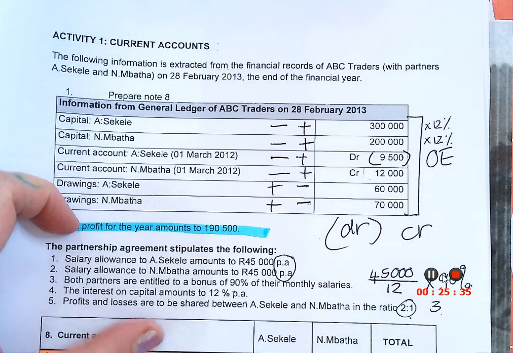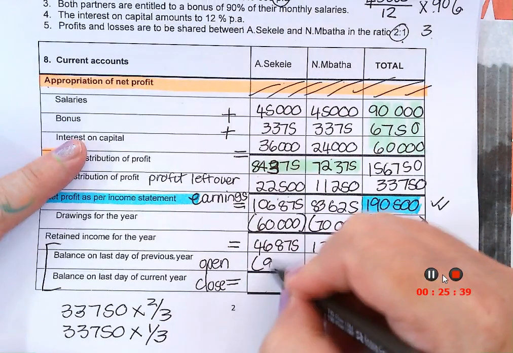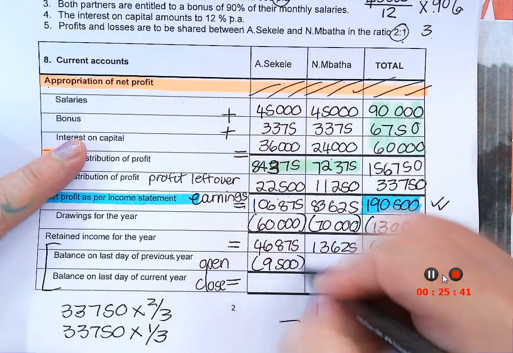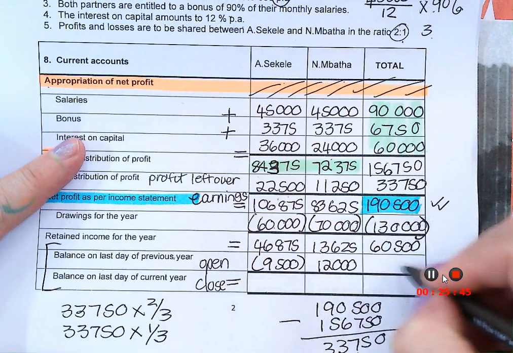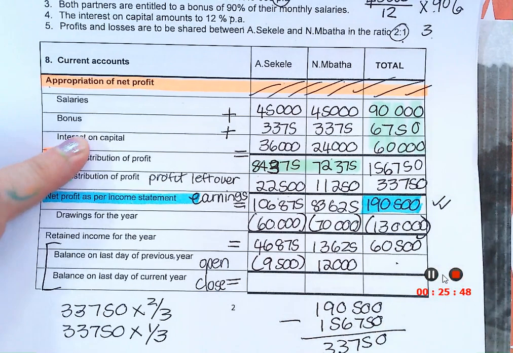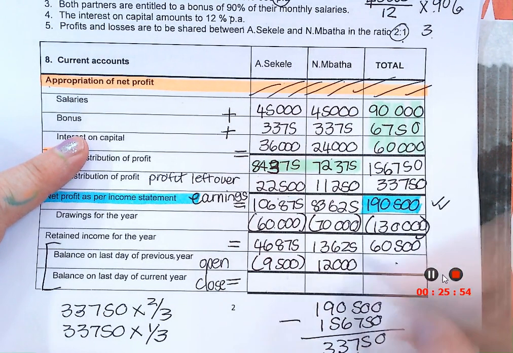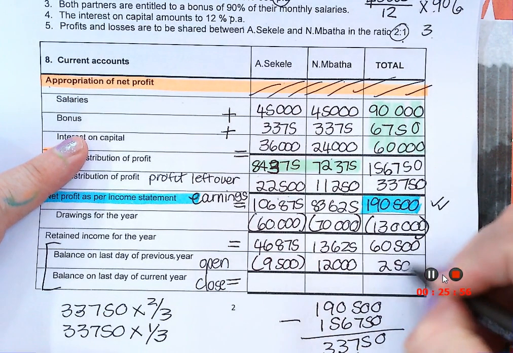It's not the end of the world. So this is going to be negative 9.5, positive 12. So who can tell me what's this total now? You have to work with the brackets. 2,500. And now I go down again.